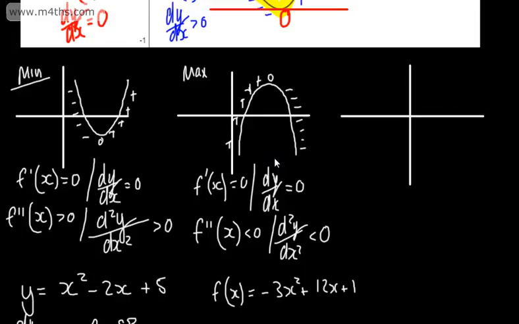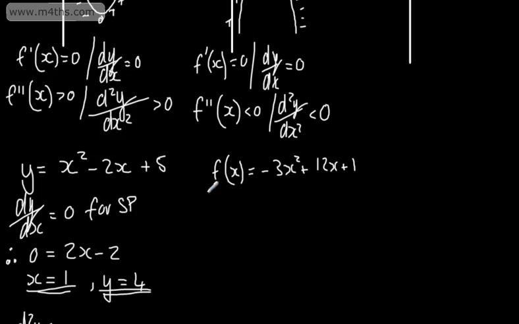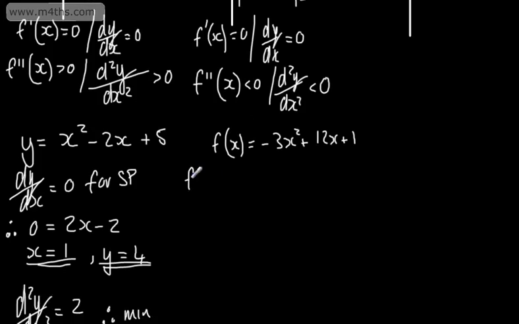Remember, this is going to have a stationary point, that point right there. And then we will say f dash x will be equal to 0 for a stationary point. So I'm showing whoever's marking my work I know what I'm on about. Therefore, 0 will be equal to negative 6x plus 12, and then plus 0.